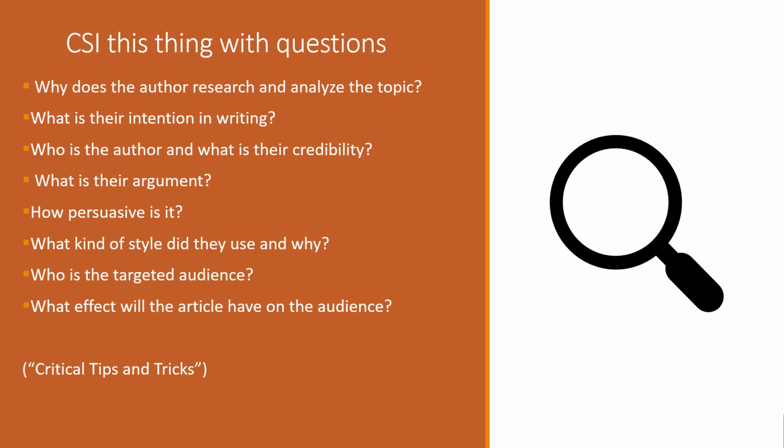Their tone, how are they talking about it? Are they being straightforward? Are they being condescending with their words? So you want to ask all these questions and then think about the effect it has on you and how it would affect a broader audience. And this is how you begin doing any kind of analysis. You have to ask these questions and then kind of put it together as you go.